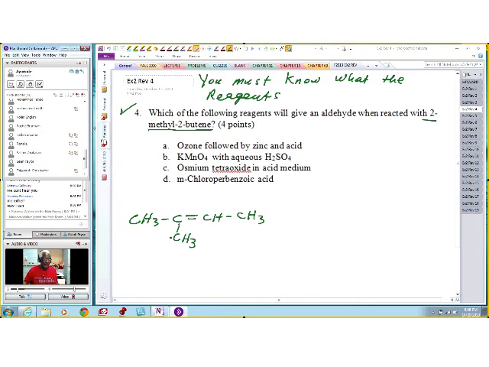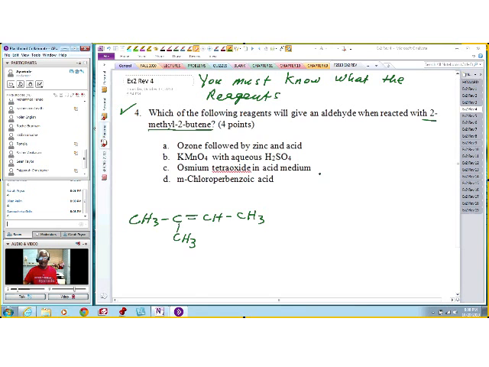What is the parent name for this molecule? Just give me the number. Okay, 4. Great. Very good. So this is carbon 1, 2, 3, and 4.